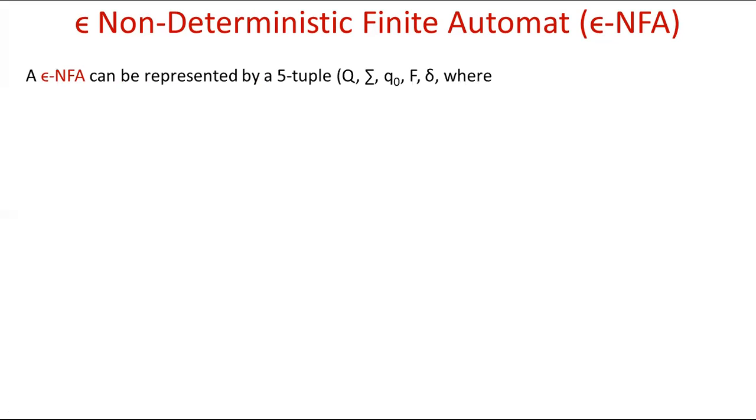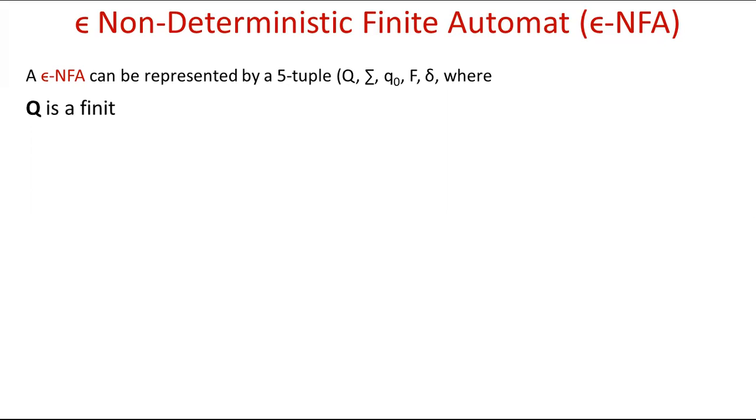Our regular NFA is defined with 5 tuples Q, sigma, q naught, F and delta, and in epsilon NFA also we have the 5 tuples which are used to define the epsilon NFA, where Q, sigma, q naught, F are the same as in regular NFA, and the only thing that is different is the delta.